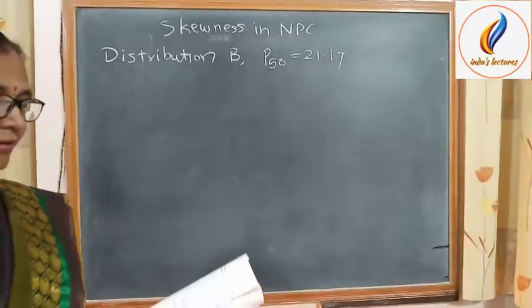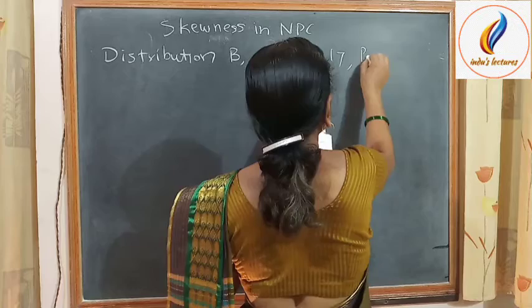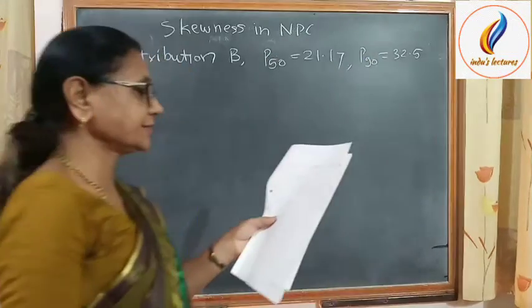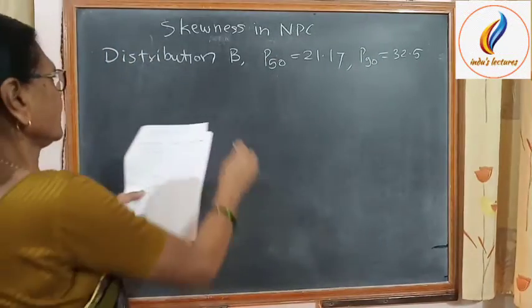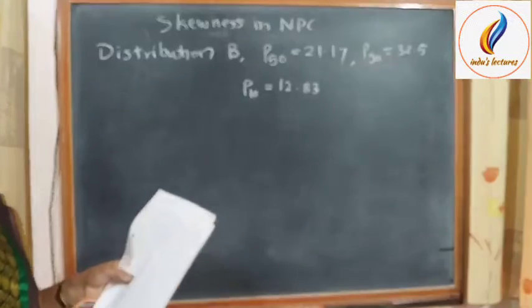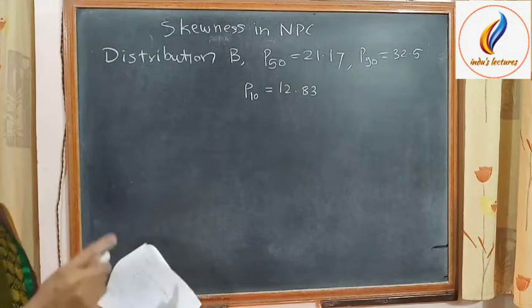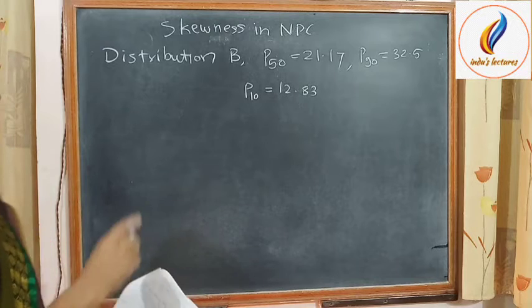P50 means median. P90 is equal to 32.5 and P10 is 8.3. And by using the formula, we can calculate the skewness of distribution B.